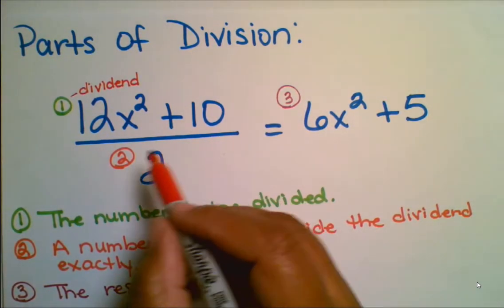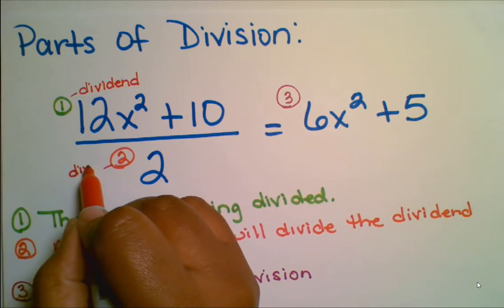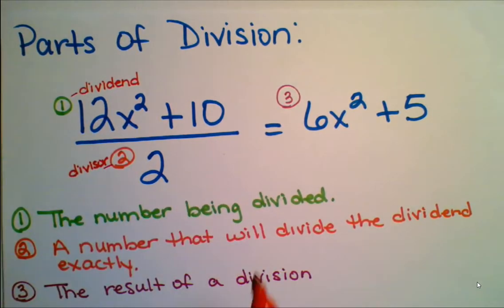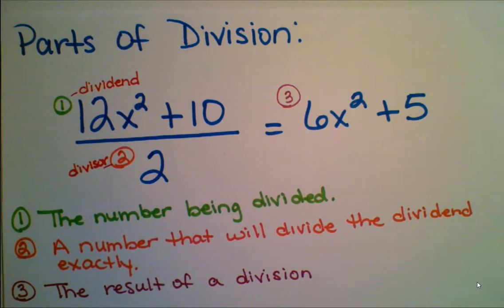Then you have what's called your divisor. That is a number that will divide the dividend exactly. It can be that monomial, that expression that will divide into the dividend exactly.